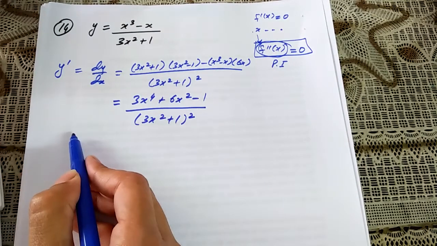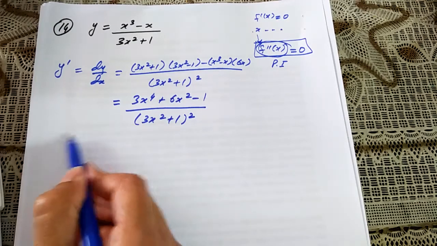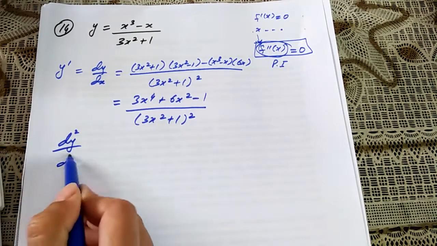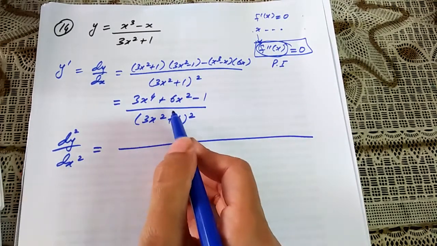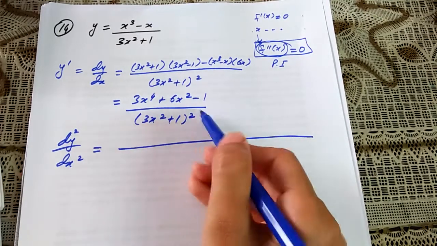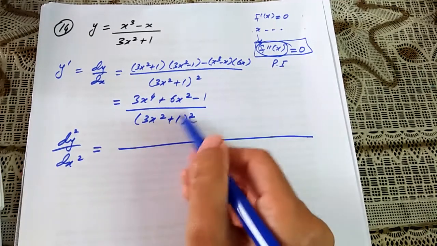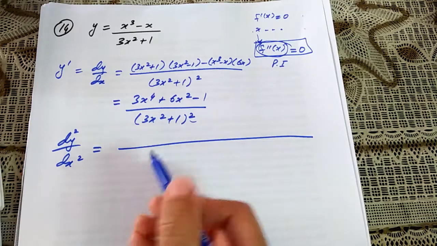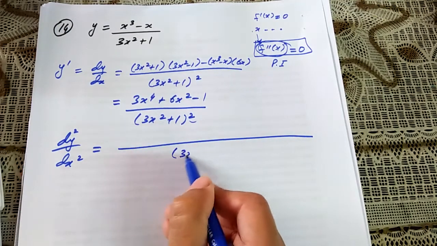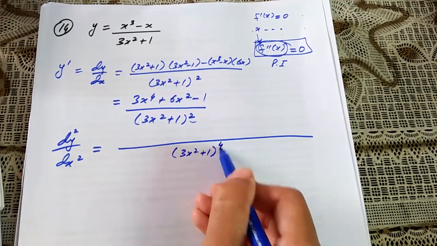Now we need to find the second derivative, d2y by dx squared. For that purpose, you can simplify the square of the denominator by opening it and then take the derivative, but you can also directly use the quotient rule.